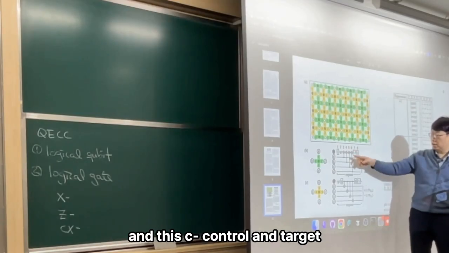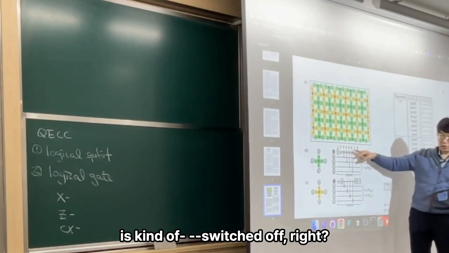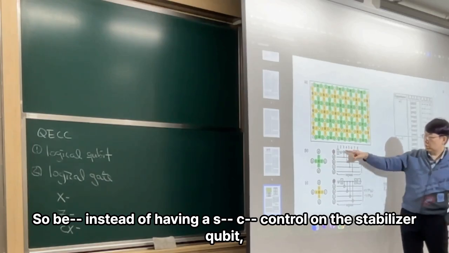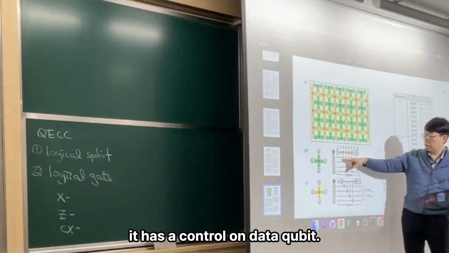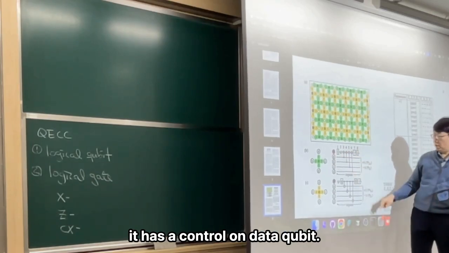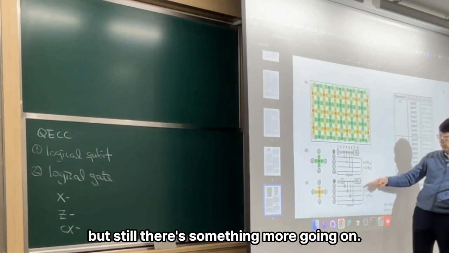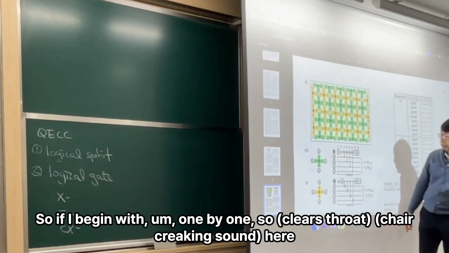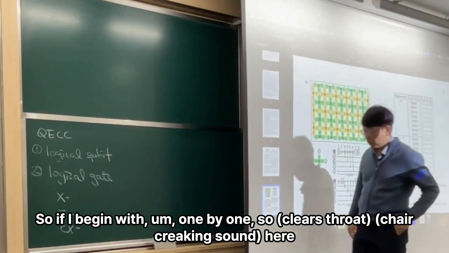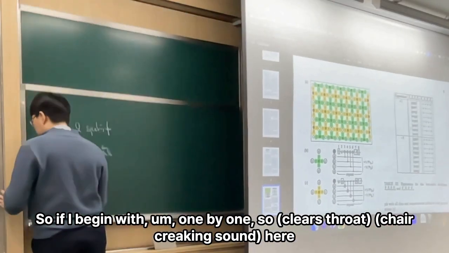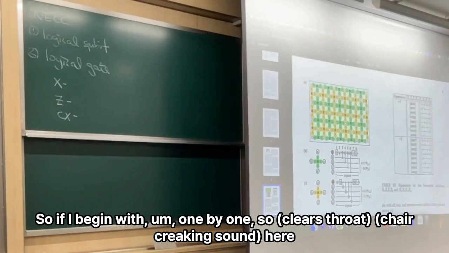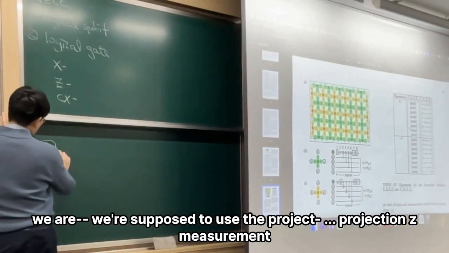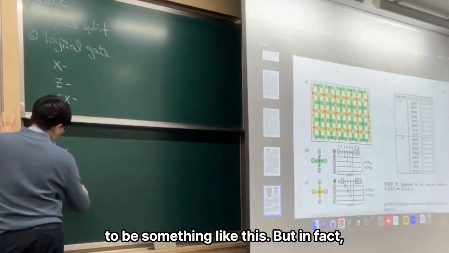There's no Hadamard, and the control and target are switched, so instead of having a control on the stabilizer qubit, it has a control on the data qubit. Everything else is similar, but still there's something more going on. There is an I. What is I? If I begin with one by one, here we're supposed to use the projection Z measurement to be something like this.